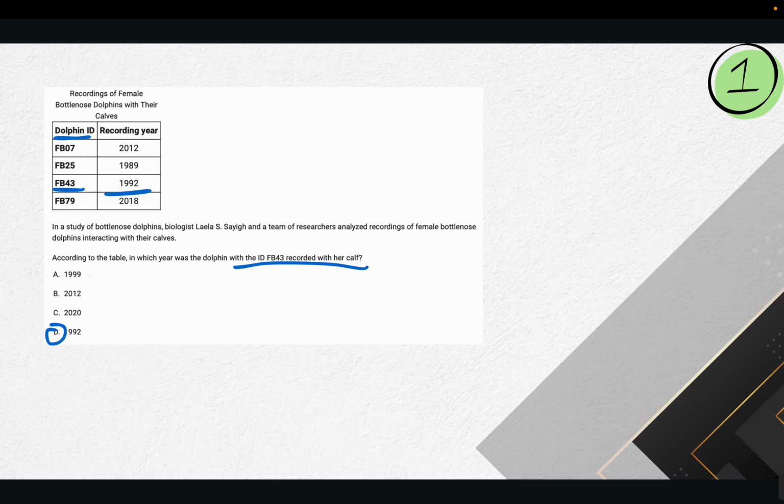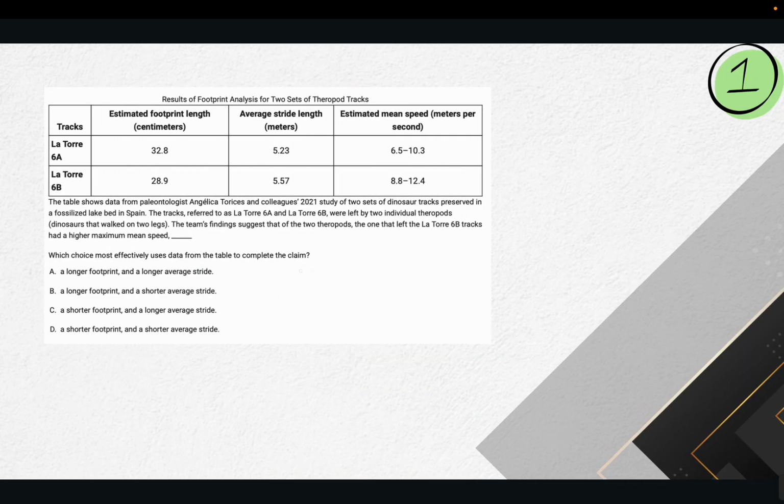But 1999 is cancelled just because there's no 1999 on the table here. 2012 is for ID FB07, so it's not FB43, so we cancel option B also. 2020, there's no 2020 on the recording here, so we cancel this also. Let's get on to the next question.